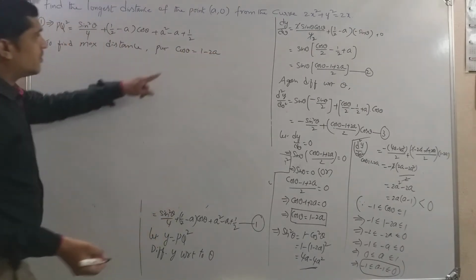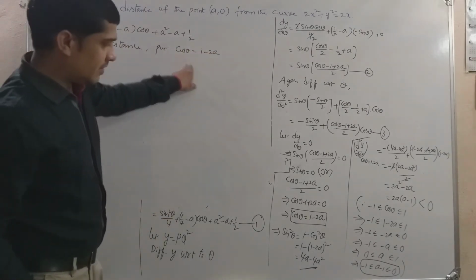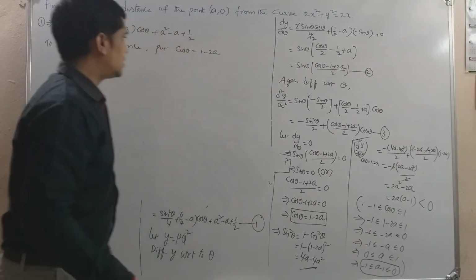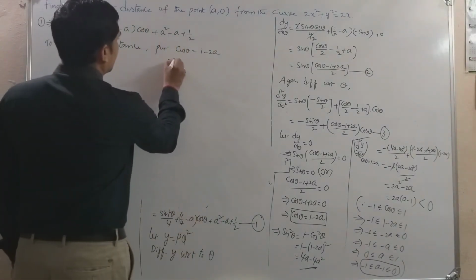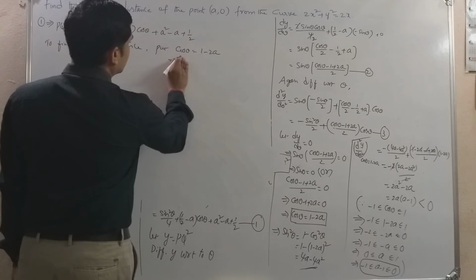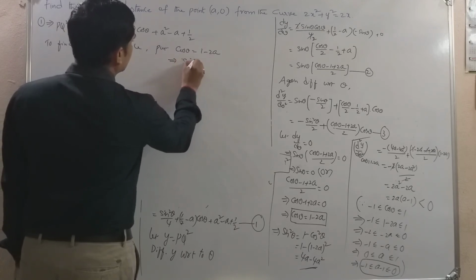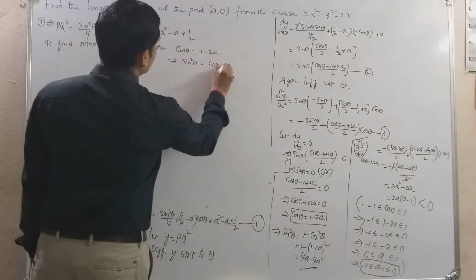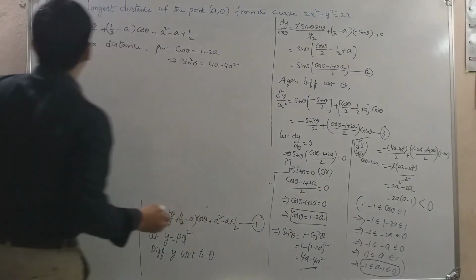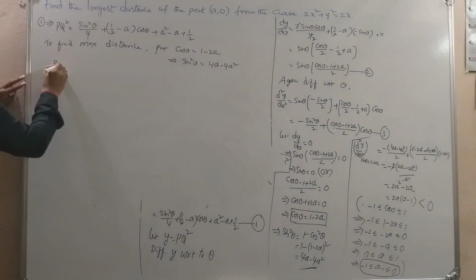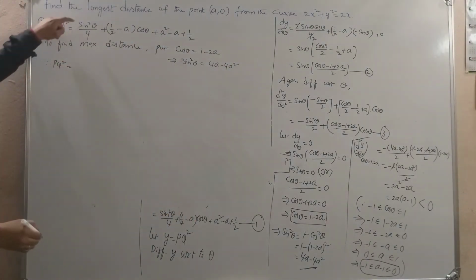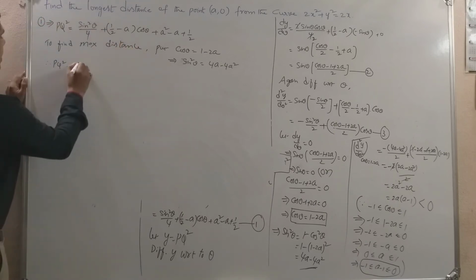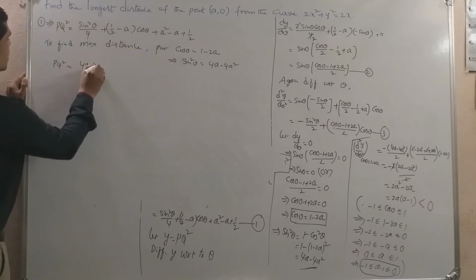Whenever the cos theta value is 1 minus 2a, the sin square theta value is 4a minus 4a square.